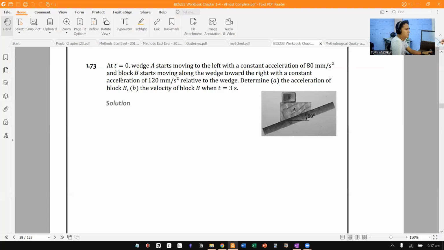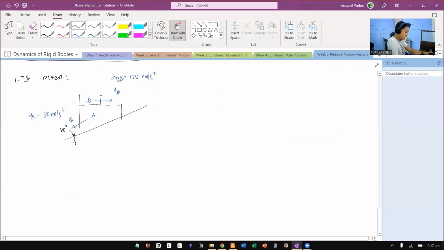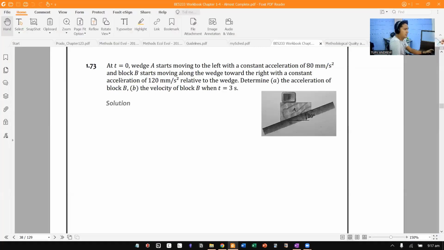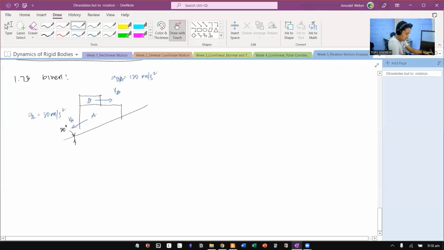Again, wedge A starts moving to the left with constant acceleration of 80 mm per second squared, meaning that it is relative to the absolute frame. So no problem with that. That is AA. Second, block B starts moving along the wedge toward the right with a constant acceleration of 120 mm per second squared relative to the wedge, meaning AB/A.